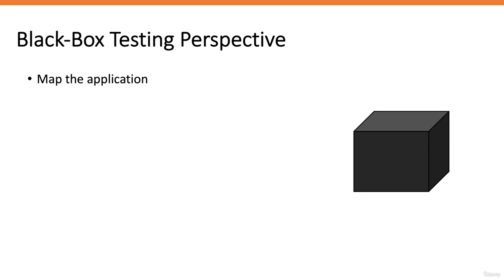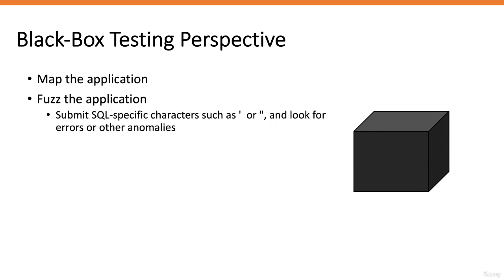Okay, so once you've mapped the application and you've listed all the input vectors that are potentially included in queries that are interacting with the SQL database, then it's a matter of fuzzing the application. That's because we're looking for SQL injection vulnerabilities. You'd be fuzzing the application with SQL-specific characters. What that means is you add special characters in the input vectors and see if the application responds in an unusual way.